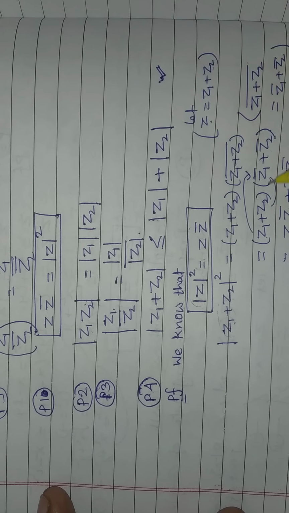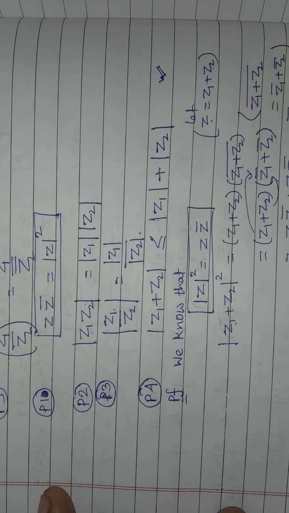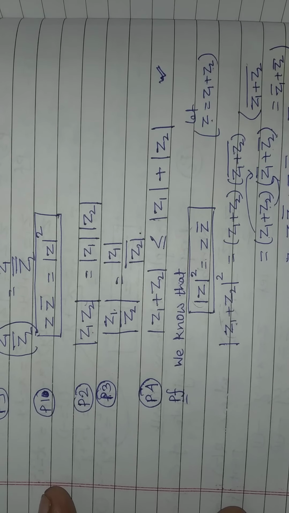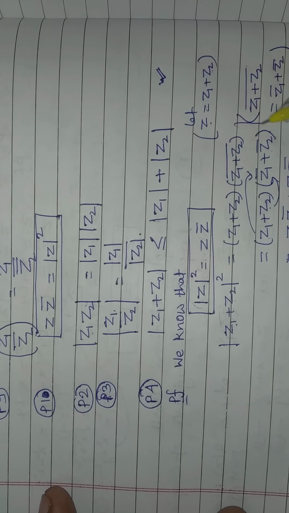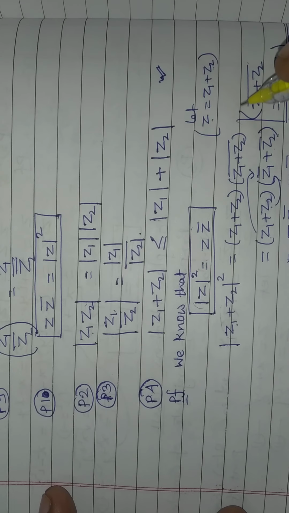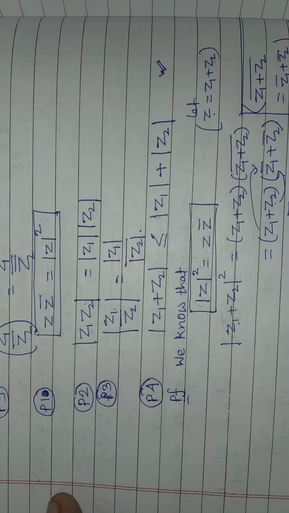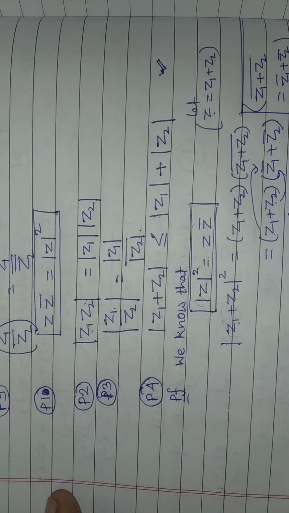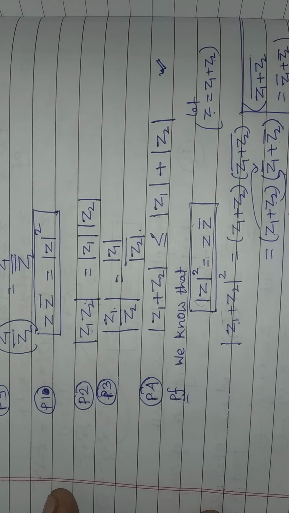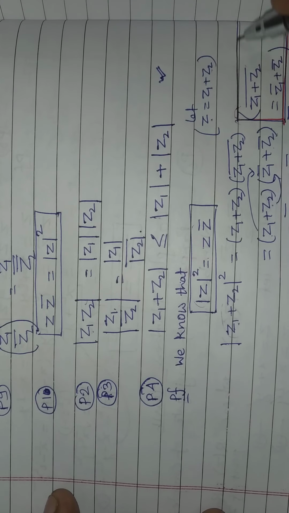Now Z2 Z1 bar, and here is Z2 Z2 bar. This is for the explanation.